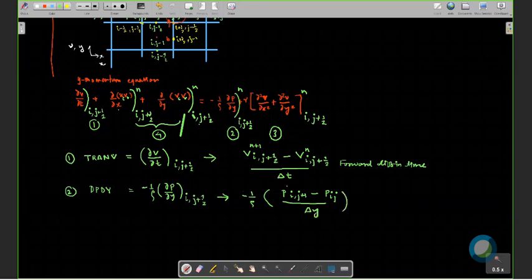Okay. And all these are nth level values. This is forward difference in space. So it will be 2 delta y, right? No. If you want to use central difference, it can be used like this. If you have to use central difference, then you have to go 2 delta y.